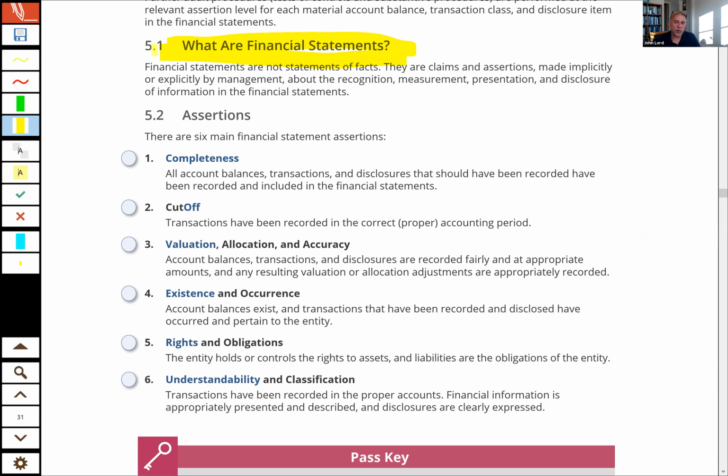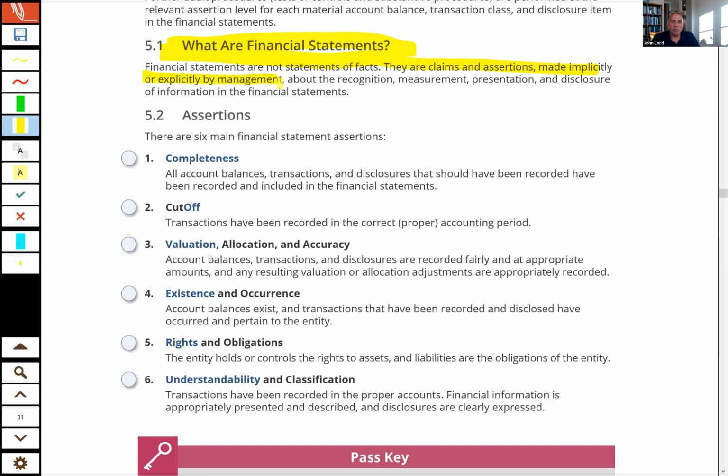Now we're looking at financial statements as a set of management assertions. They are claims made by management about various things. If management puts down cash, $1 million, they are asserting to you that cash of $1 million exists somewhere, probably in the bank.